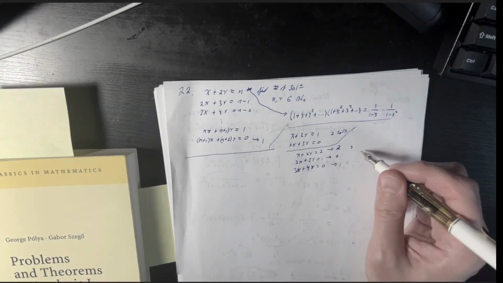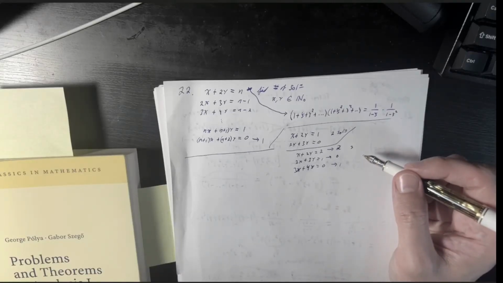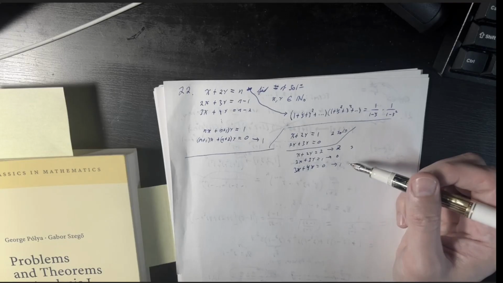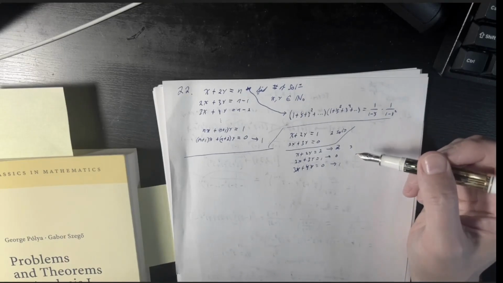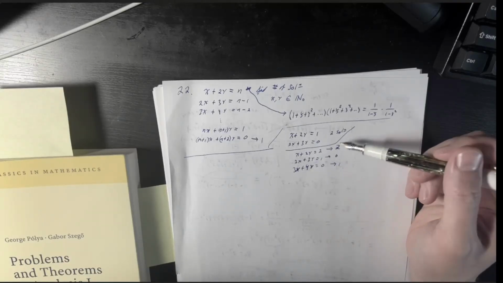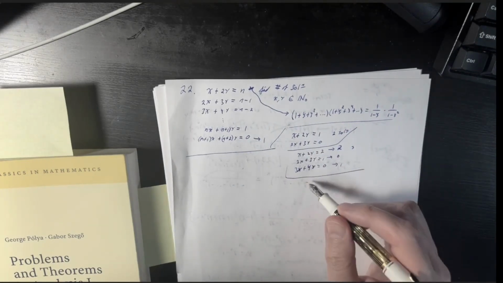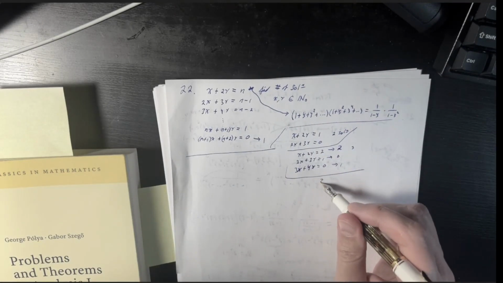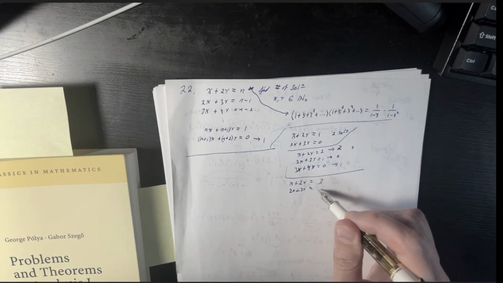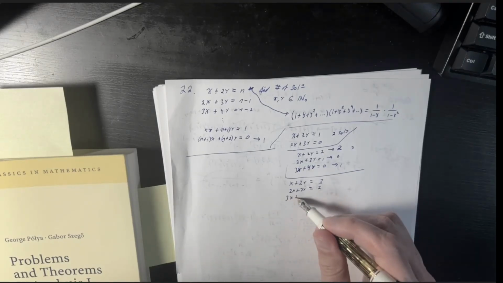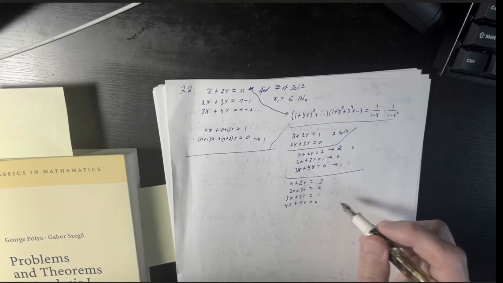So you get 3. I mean, I guess I could keep going, but I don't think that's going to shed a whole lot of light on it. So the n equal 3 case, it's like that.